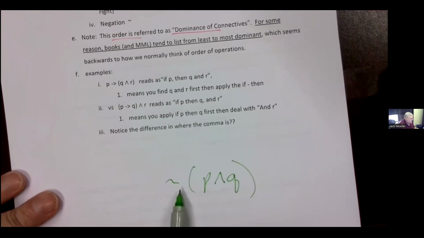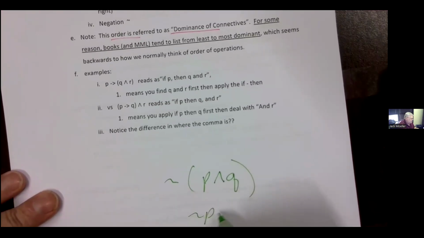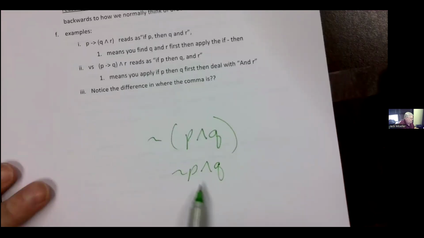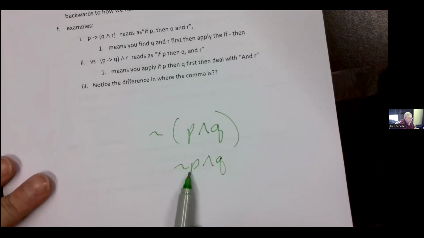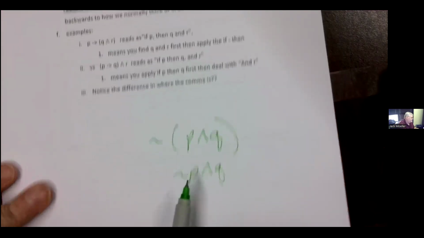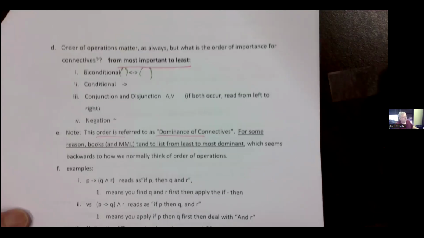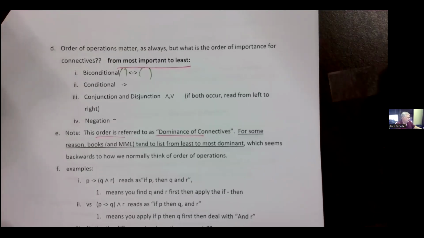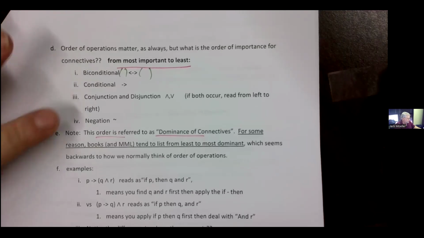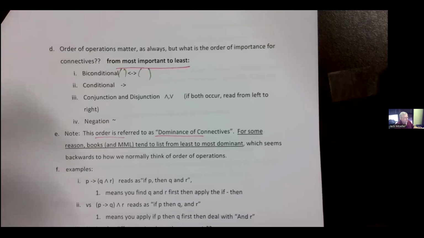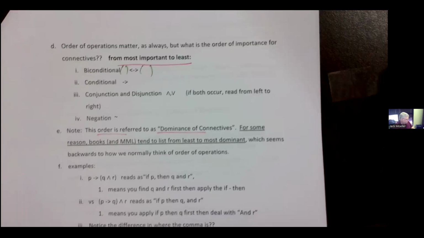If there's no parentheses with a negation, then you're only negating what it's immediately next to. All right, so that's the order. The highest priority is biconditional, then conditional, then our ands and ors, and the least important in terms of order of operations is negation.